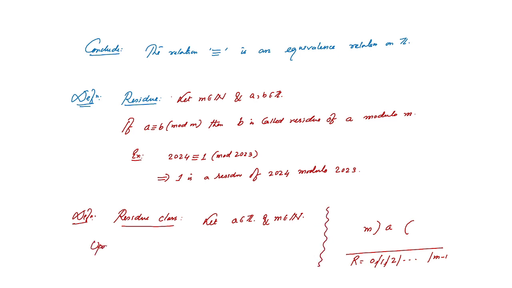So here I am writing, upon division by M, A leaves one and only one of the integers 0, 1, 2 up to M minus 1.